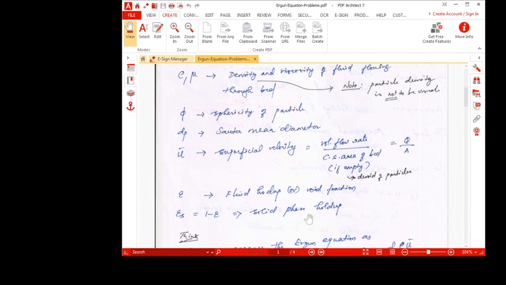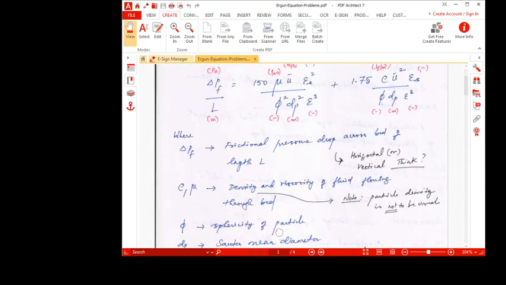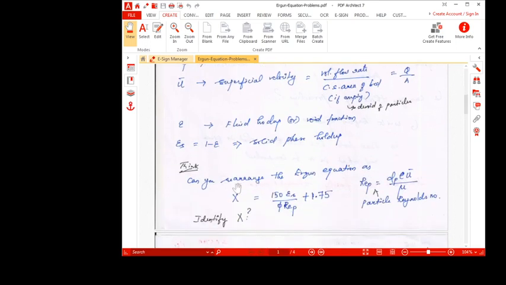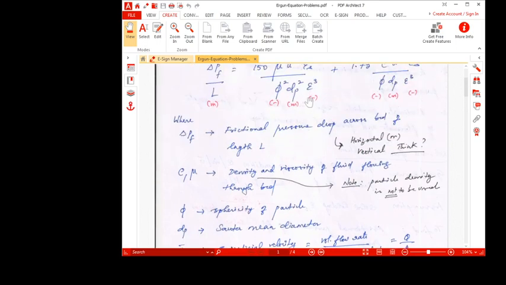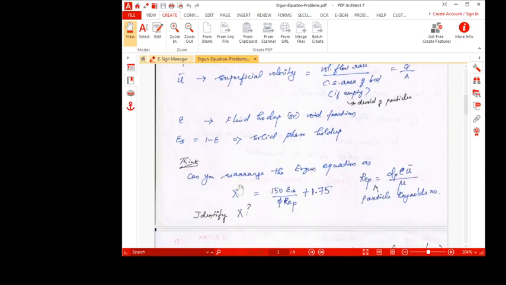Next, a small exercise that I want you to do before I proceed to the numerical problems: take this Ergun equation and rearrange it. What I mean by rearranging is you either add or multiply with the same terms, or take some terms out common, and move terms to the right hand side or left hand side. Rearrange the Ergun equation into this form.